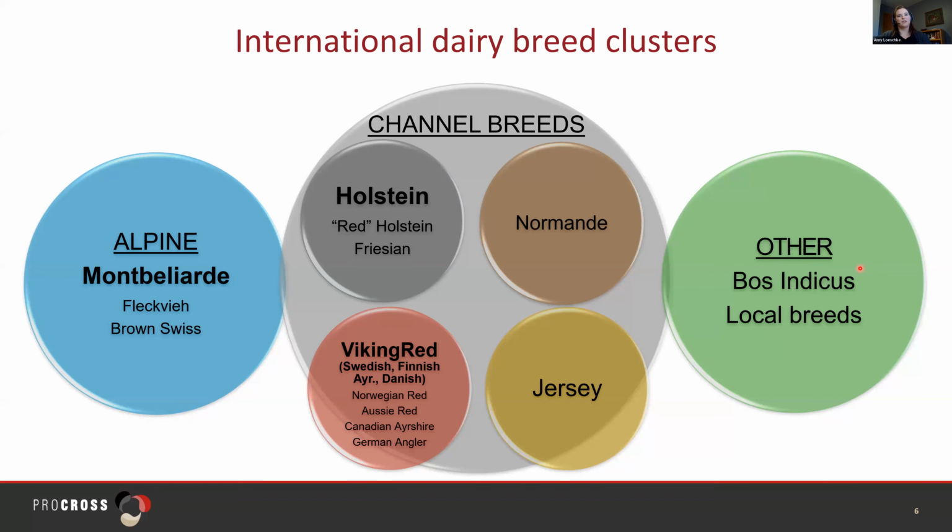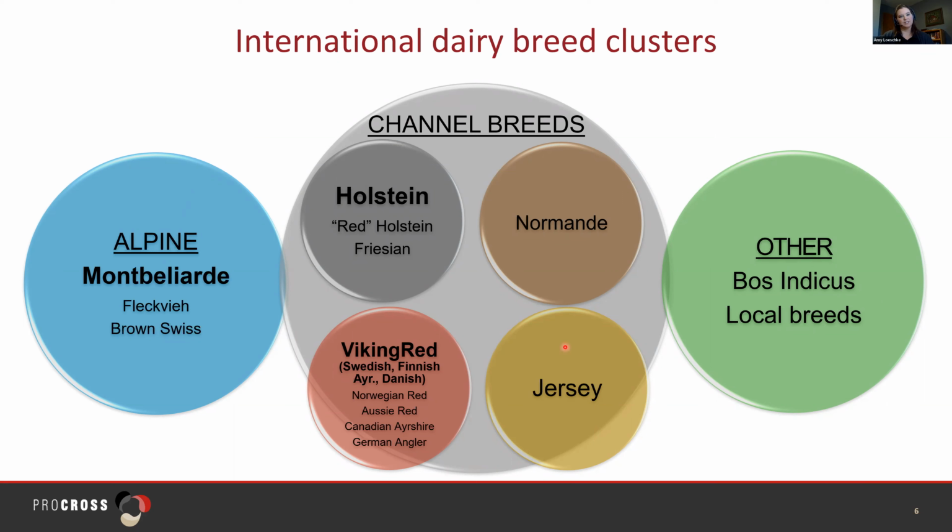Next, I want to talk about these big international breed clusters across the globe, and most of them originate in the Western European countries. The three large circles I'm showing here are the major breed clusters. We have the Alpine breed cluster, consisting of these three breeds which have similar genetic heritage.